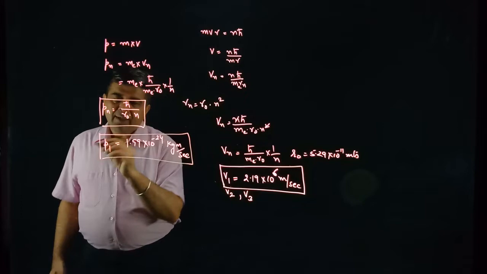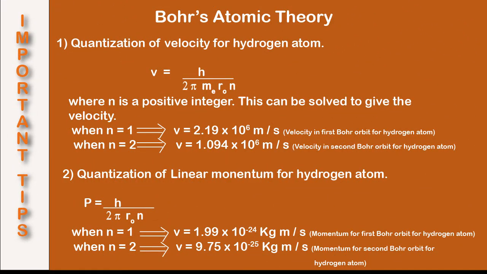So summing up what we have done up till now, on your screen you can see the formulas for calculating velocity of an electron in any orbit and calculating linear momentum of an electron in any orbit, and there are values for different orbits. So you can jot it down or you can take a snapshot.